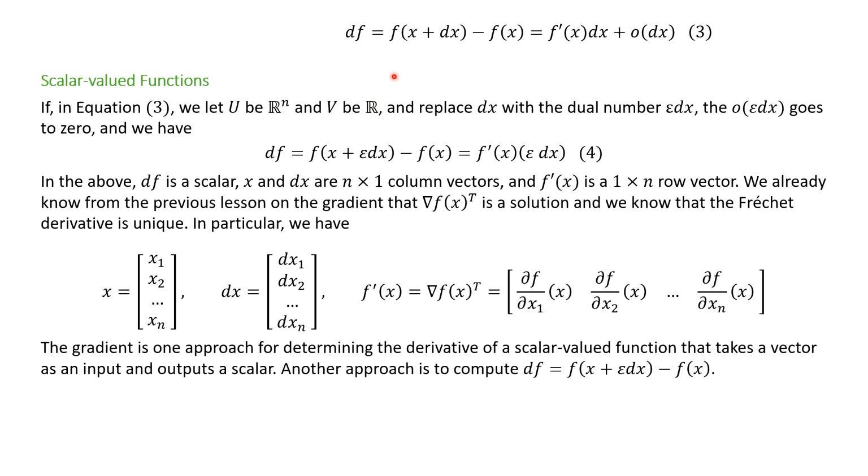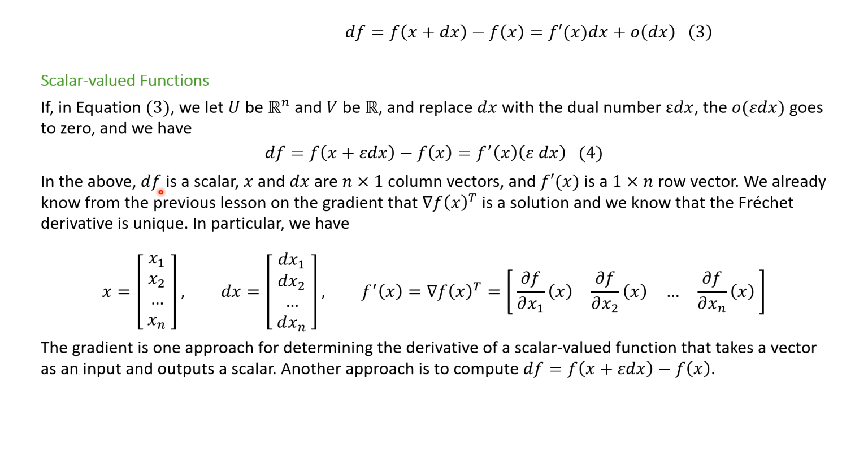So it takes in a vector and it puts out a scalar. And we replace dx by the dual number epsilon dx. Then this term here that has all these higher order terms with epsilon dx is going to go to 0, and we get this equation here.